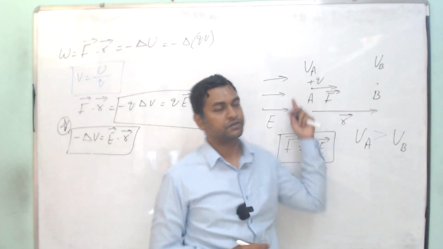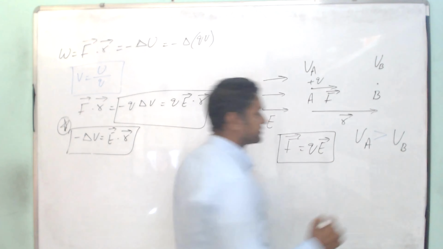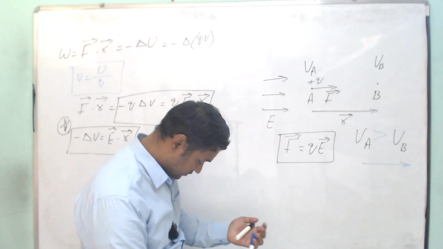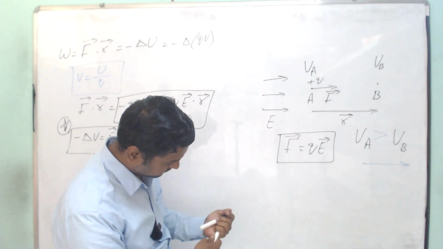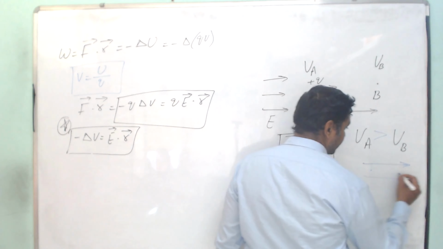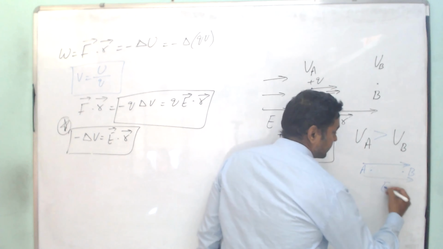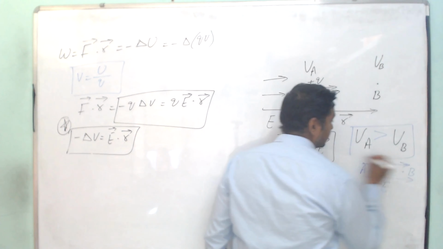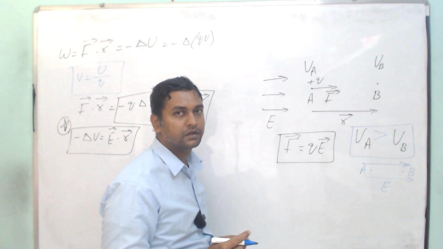Therefore, the charge plus Q is going from A to B. That means, remember, whenever I have an electric field in this direction, and if I have two points A and B, and the electric field is from left to right, we will always have VA greater than VB. Understood? Clear?